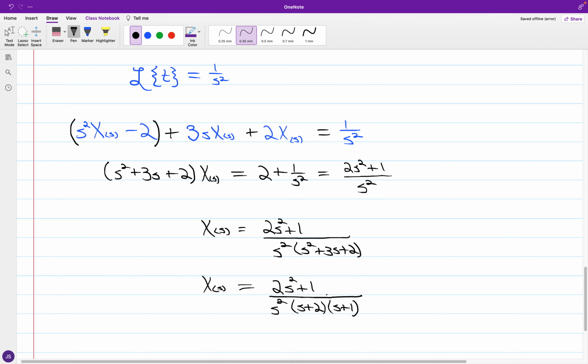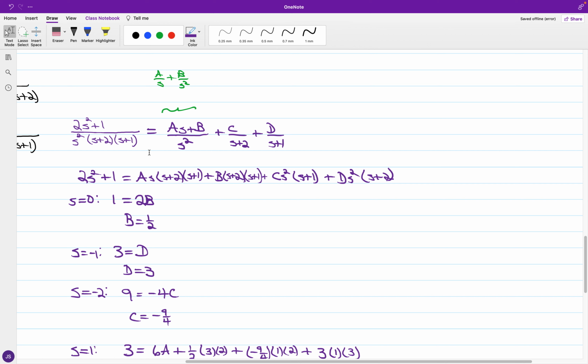And okay, so we're looking at performing partial fraction decomposition. So looking into the partial fraction decomposition, the first factor, s squared, you can either treat as a quadratic factor, where you can set this up as as plus b all over s squared, or you could treat it as a repeating linear factor, where you can split up this expression, where you have a over s plus b over s squared, and you just keep adding fractions until you get to the degree of the original monomial factor.